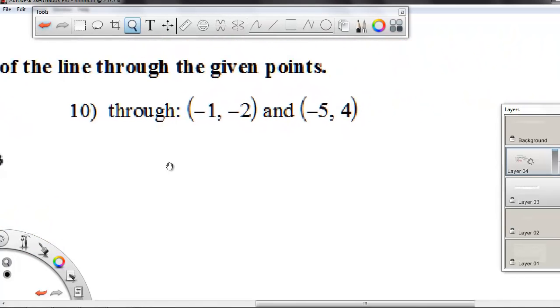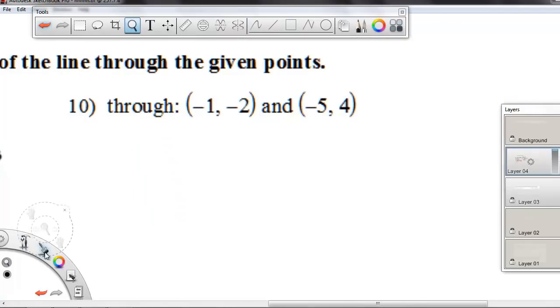Let's go ahead and do number 10 now. It's the same type of problem. We'll have to find our slope first. We'll go ahead and create a table.